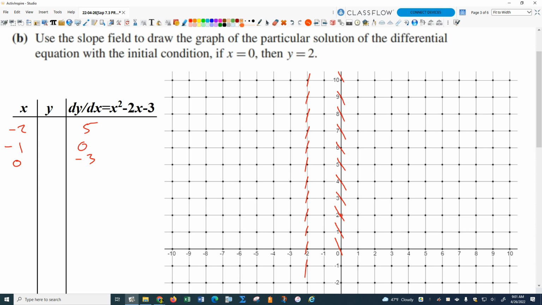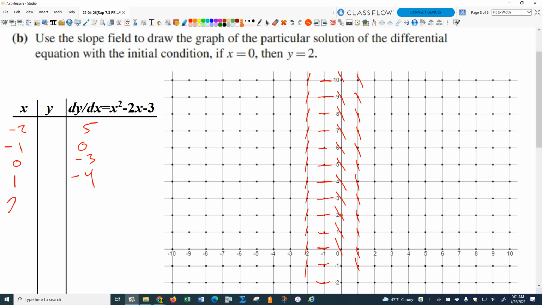So at 1 I'm getting, is that right? Yeah. At 1 I'm getting 1 minus 2 minus 3, so negative 4. A little bit steeper. Let's just do one more.